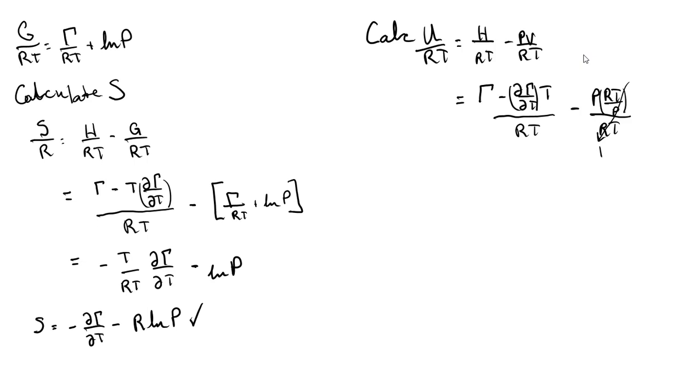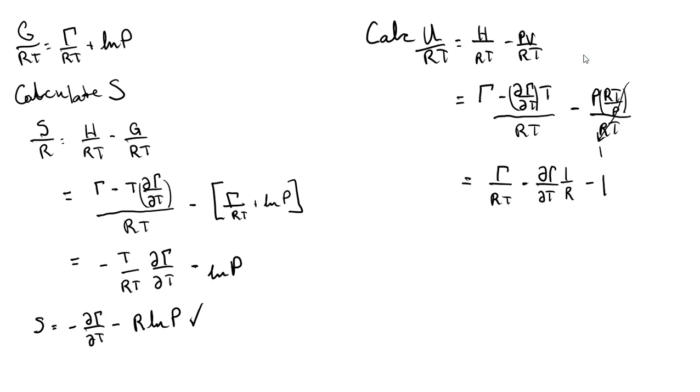And so U over RT is equal to, we can say, gamma over RT minus d gamma dT, and then these T's cancel out, so that's 1 over R, and then minus 1.